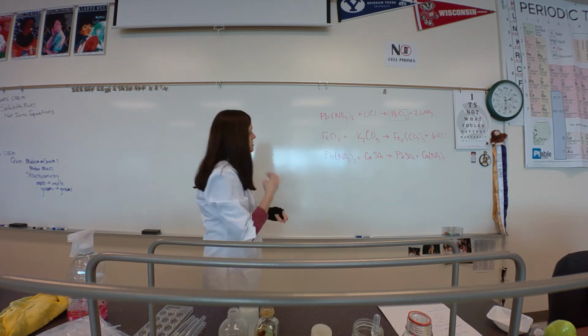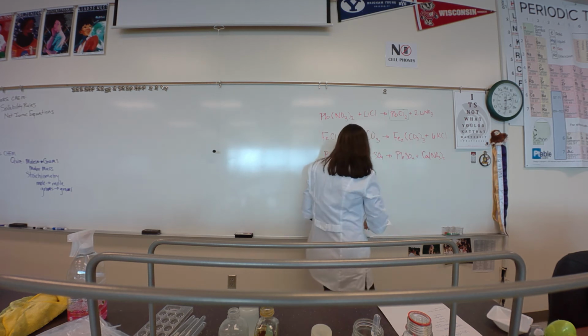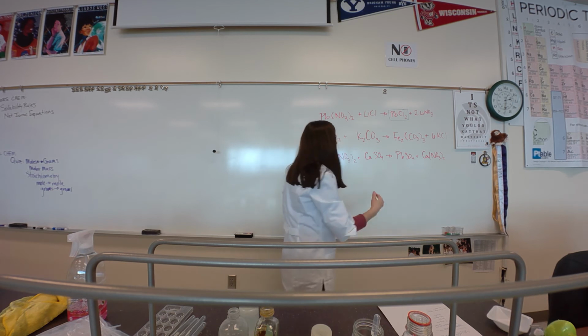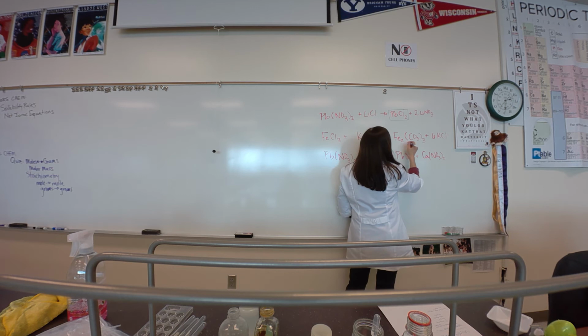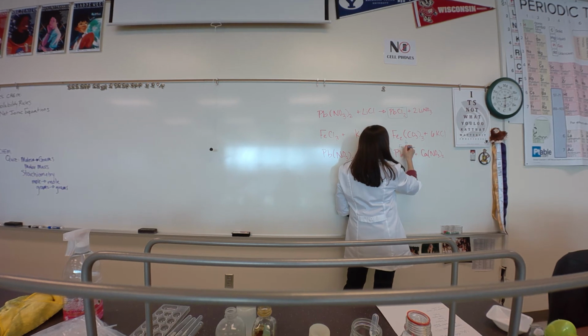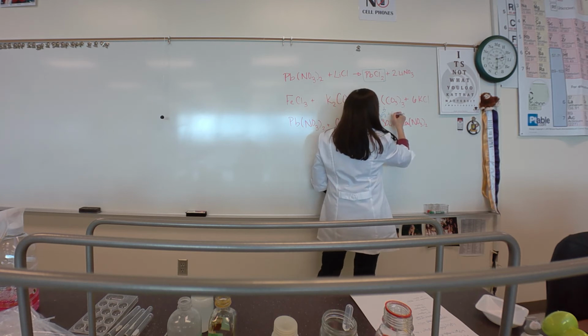So we would say that we would produce iron III carbonate, but we actually had some gas coming off this. So I'm betting that this iron III carbonate decomposes into iron III oxide and carbon dioxide.